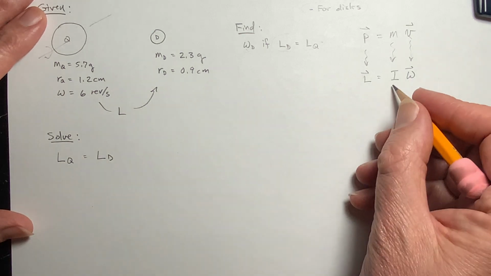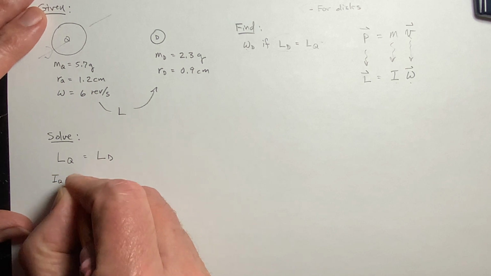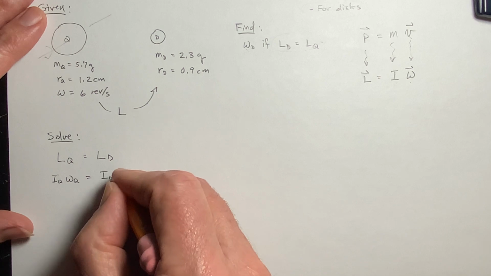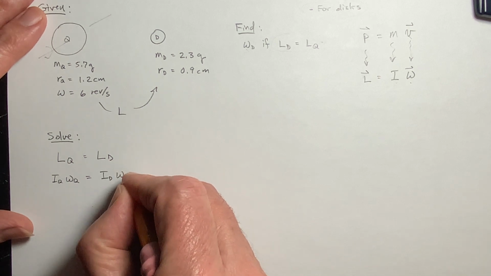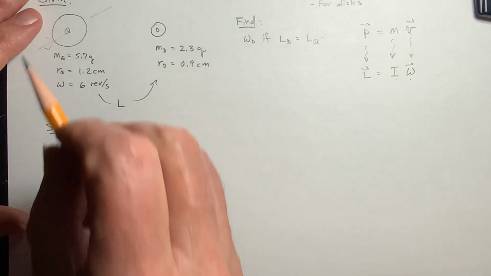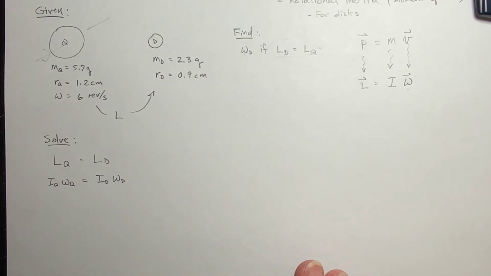We know that L is equal to I omega, so this is I for the quarter times omega for the quarter is equal to I for the dime times omega for the dime, the angular velocity for the dime. All right, well, these are disks, and you have to look this up. And hopefully you've been taught this in your class.